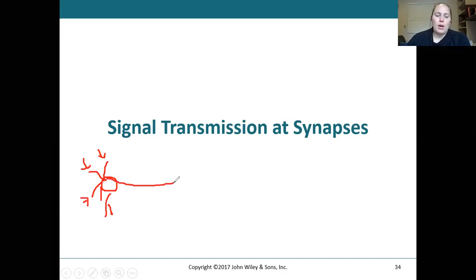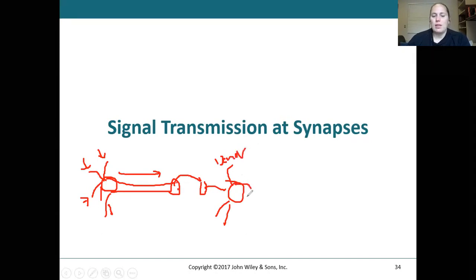And then there's that one axonal projection that sends the action potential down. Once it reaches the end here, this has to be turned from an electrical signal into a chemical signal. So again, it's going to be reaching out and sending signals onto the dendrites of the next cell, and then continually does the same thing.